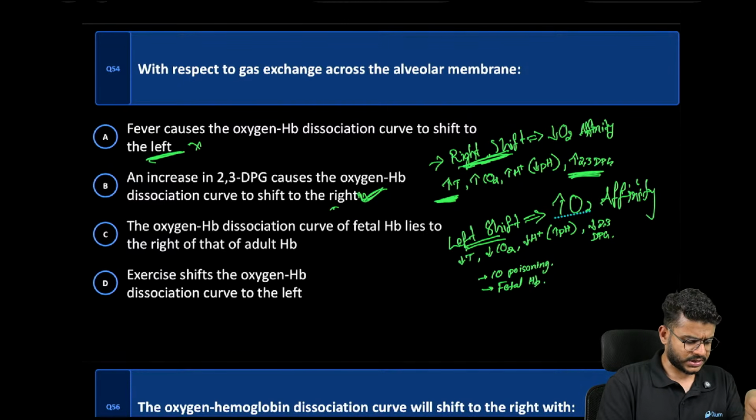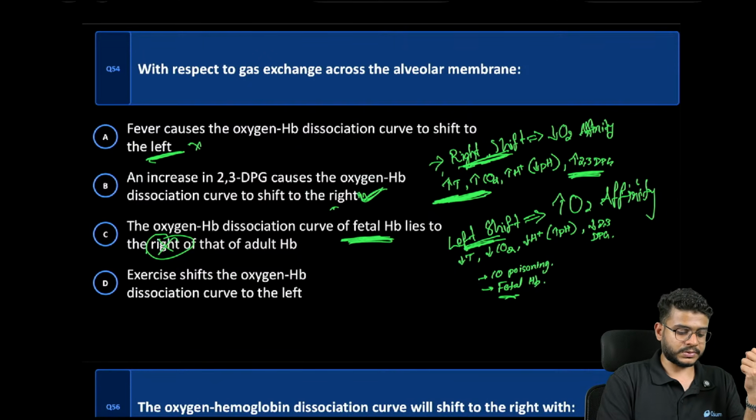Oxygen dissociation curve of fetal hemoglobin is causing left shift here, not right shift. Okay, exercise shifts the oxygen dissociation curve. Exercise means increasing temperature, increasing carbon dioxide, etc. It causes what? Right shift. Increasing temperature and increasing carbon dioxide cause the right shift of the oxygen hemoglobin dissociation curve, not the left.